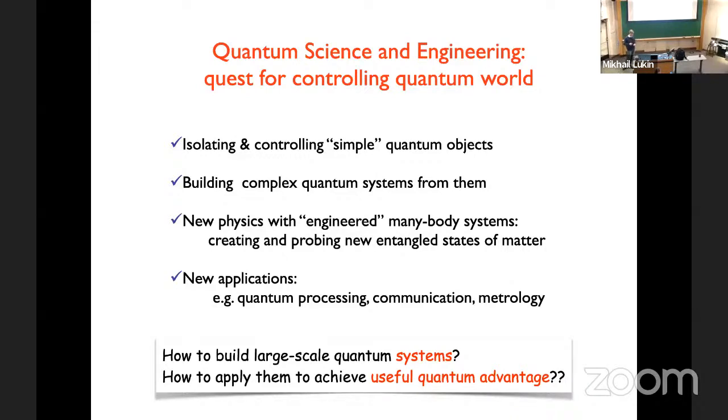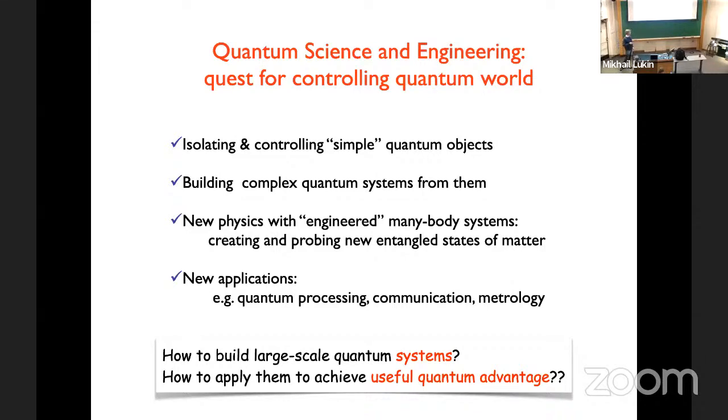And what's even more shocking, perhaps, is that even if one of you, or someone in our group, built an amazing big machine and wanted to give it to you, you would not really know what to do with it. So that's another challenge facing this field: how we can actually use such a large-scale quantum system to achieve useful quantum advantage.